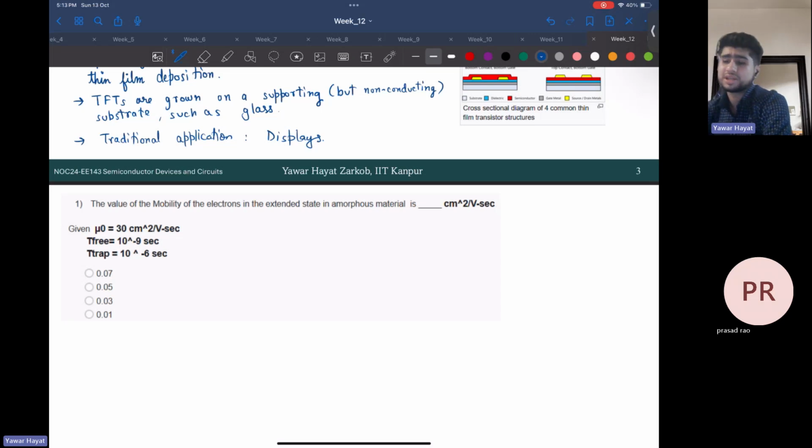If your mu naught is 30 centimeter square per volt second, your T free is 10 to the power minus 9 seconds, your T trap is 10 to the power minus 6 seconds. What is the value of the mobility in extended state?